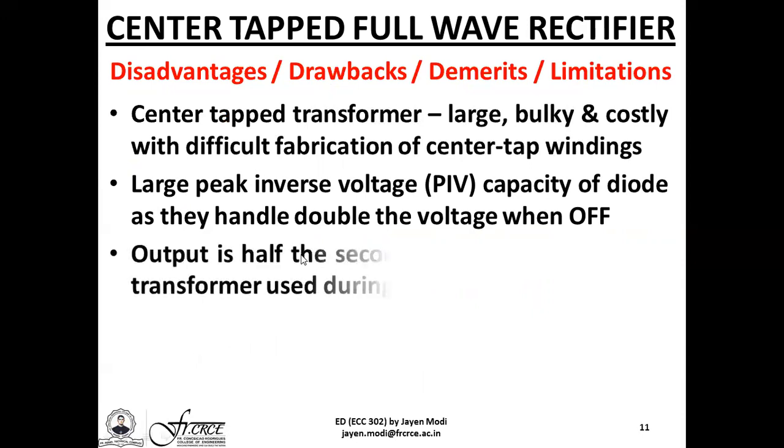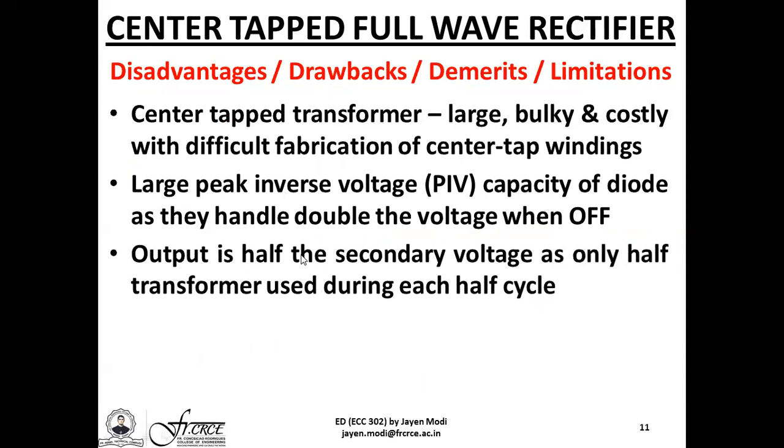Third, the output is actually half the secondary voltage, since only half the transformer is used during each half cycle. This point is of course not applicable for transformers having the configuration 1 is to 1 is to 1, but since it is very difficult to manufacture such transformers, we usually have transformers whose secondary voltage is only half the primary voltage.